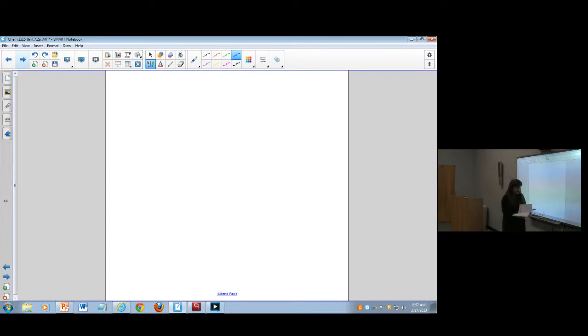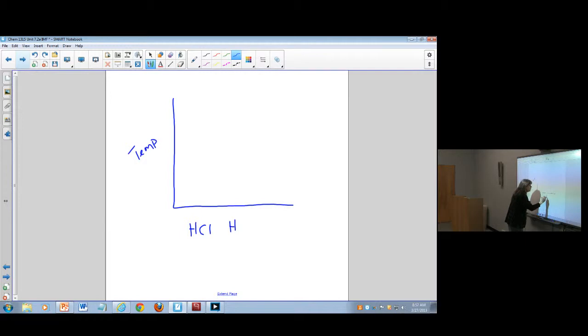Now, I also want to talk about something else involving boiling point. This will be our temperature. And I'm going to look at HCl, HBr, and HI in terms of their boiling point. It doesn't really matter what their boiling points are, but HCl is roughly minus 90. That's its boiling point. If we were graphing, we'd put HCl about right there.